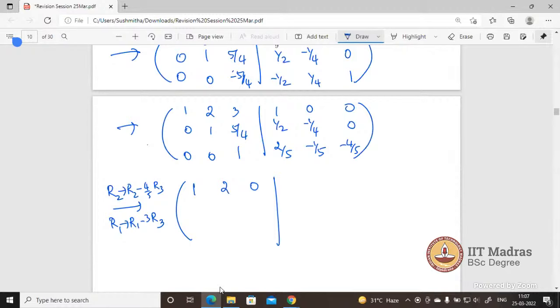So 1 minus 6 by 5. R1 minus 3 times R3, right? 1 minus 6 by 5, minus 1 by 5. 0 minus 3 by 5, plus 3 by 5. Then 12 by 5.